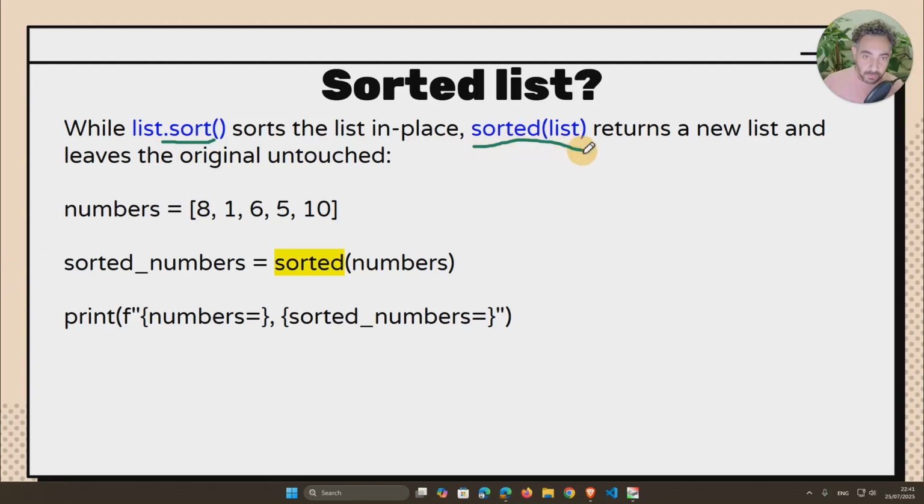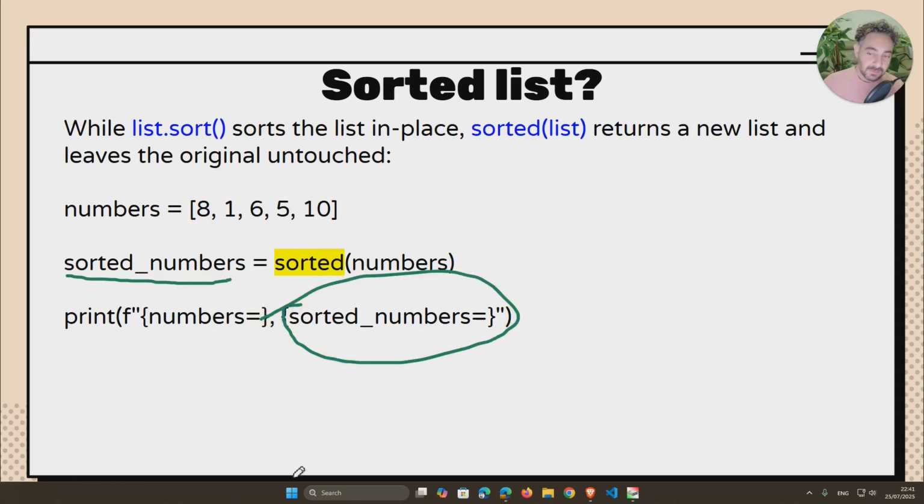However, a function on its own, which takes an argument of a list, returns a new list and leaves the original untouched. For example, here I've got my list of numbers. If I say sorted numbers equals sorted with the argument numbers, what happens is numbers stays untouched. That list is in the same order as it was. It's not been changed.